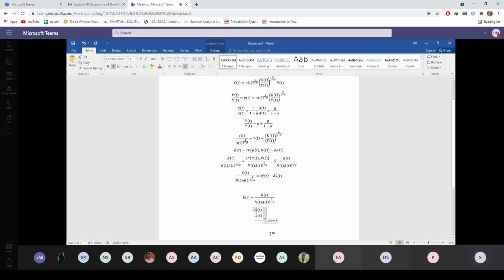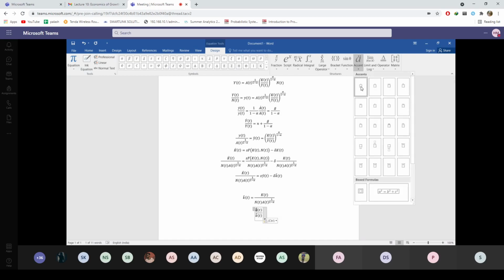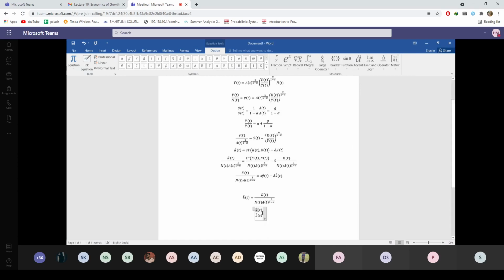It's very difficult to manipulate this equation editor. It's basically this term dot.